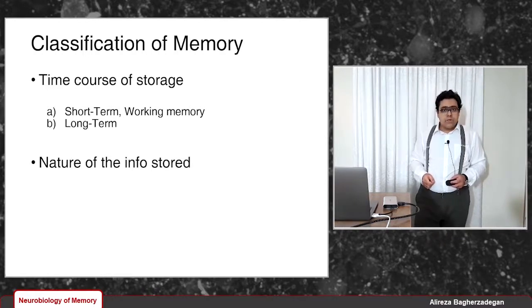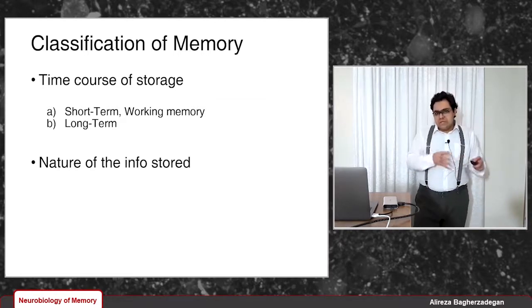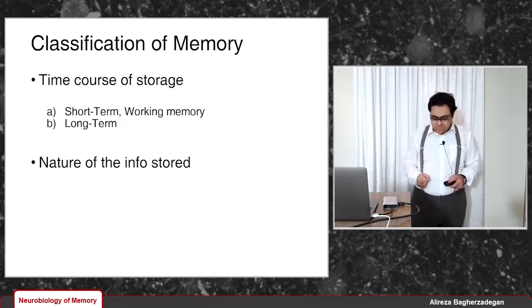Another criterion used by neuroscientists to classify memory is based on the nature of the information stored in our memories. It turns out that different types of information recruit different mechanisms and different types of memory to be stored.